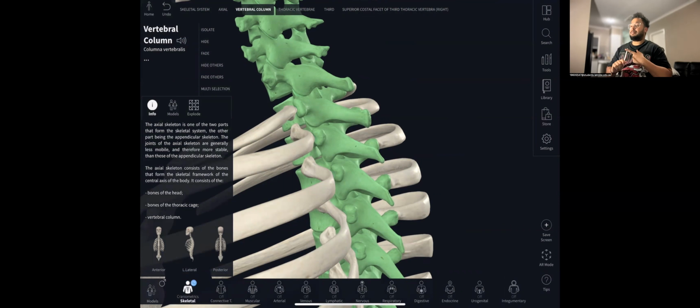So the body will become bigger in the thoracic vertebra as compared to the cervical vertebra, and also the spinous process will be longer in size as compared to the cervical vertebra. So why is it longer? Because in terms of the cervical vertebra, we can do yes and no movement.